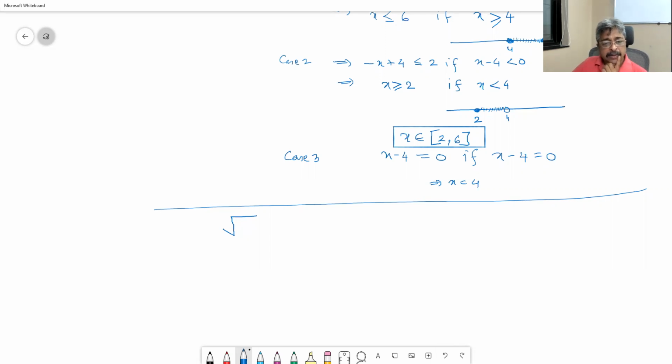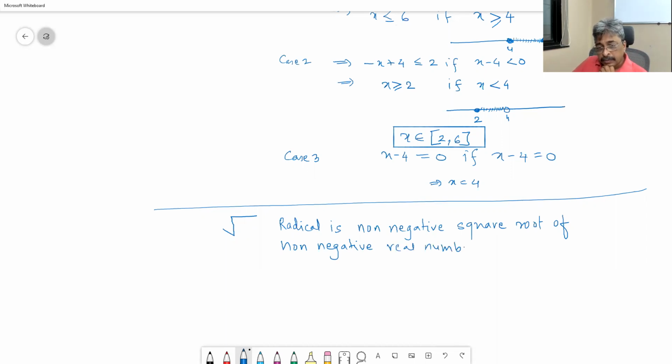Radical is the non-negative square root of a non-negative real number. This is most important. So, confusion. Root 25 is equal to.